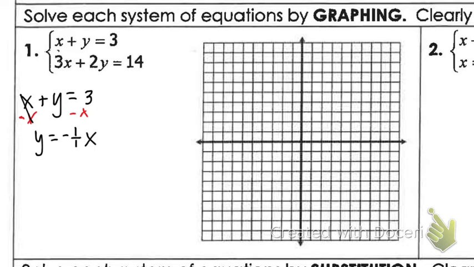If you need to, remember that's 1 over 1. And then plus 3. And then we have 3x plus 2y equals 14. What needs to move there?